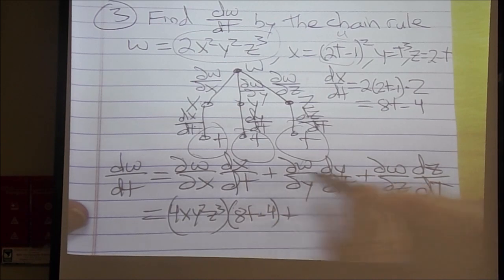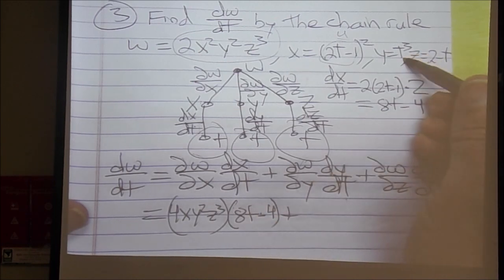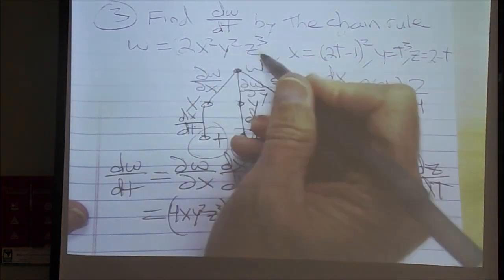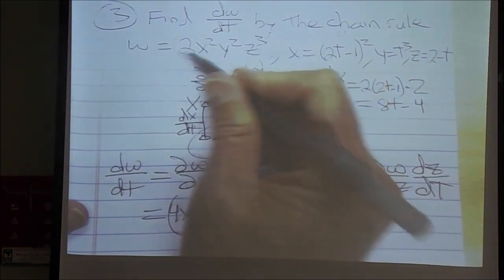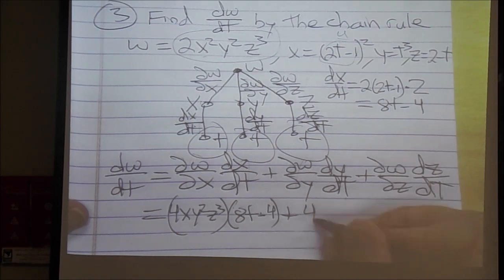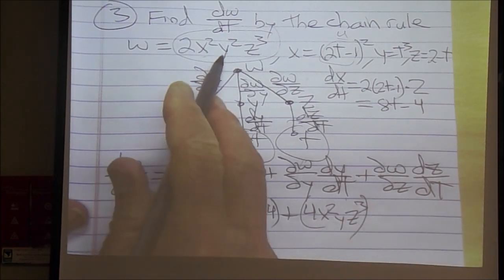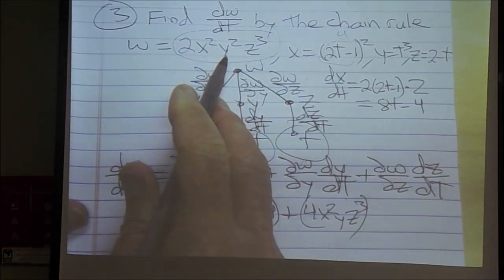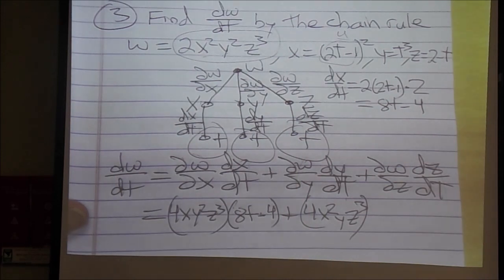And then dw/dy, let's see, I treat x and z as constants, so I've got 2y times all the rest of the stuff. I get 4x squared y z cubed. There's dw/dy. Y squared being 2y, multiplying the rest of that treated as a constant.